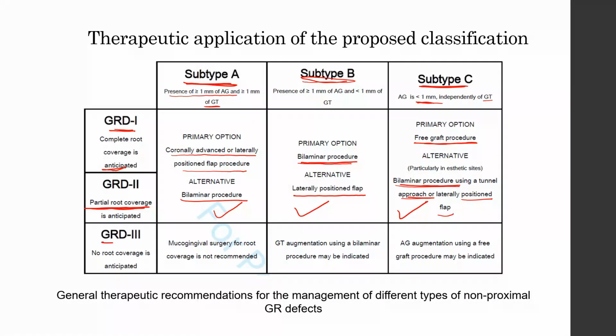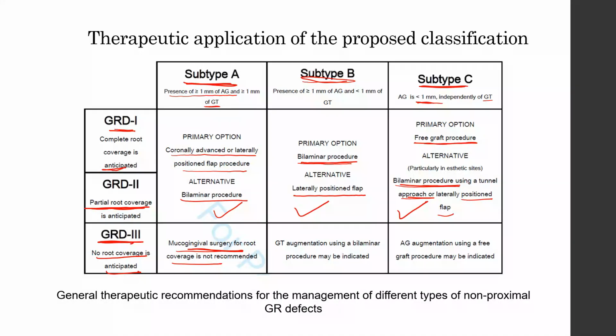In GRD3, they have said that no root coverage is anticipated. You cannot expect root coverage in these cases. And in combination with different subtypes, they have proposed different alternatives of treatment. Like in the first case, GRD3 with subtype A, mucogingival surgery for root coverage is not recommended.